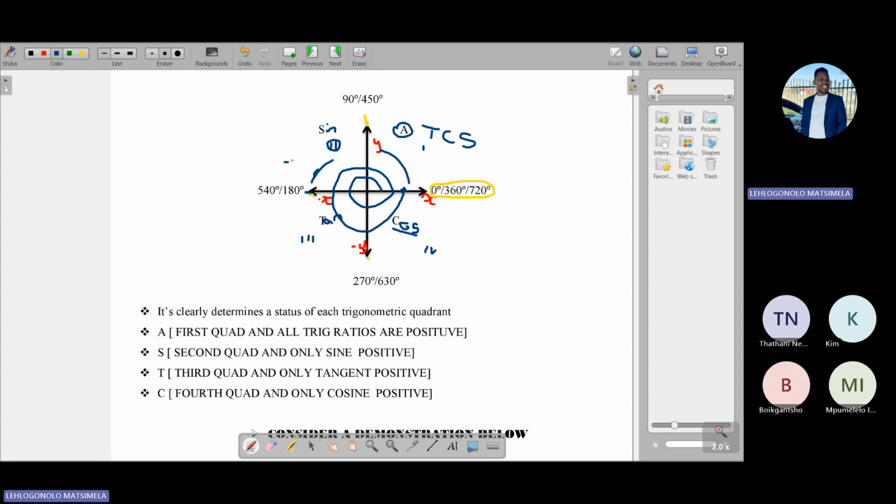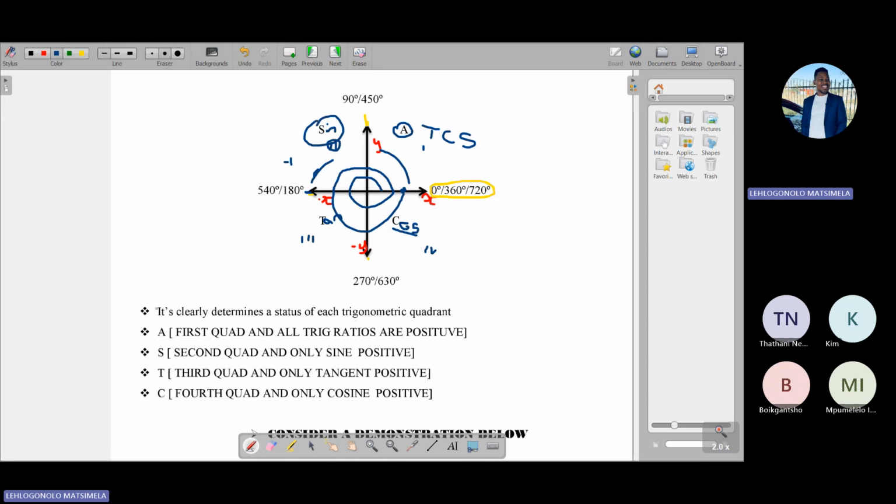This is just an example. When we put cos 180 in a calculator, it's going to give us -1, and -1 is a part of x which is on this side. Automatically, on the second quadrant cos is negative, because the only letter given here is S for sine, which means cos and tan are negative in this quadrant. This is what they mean.